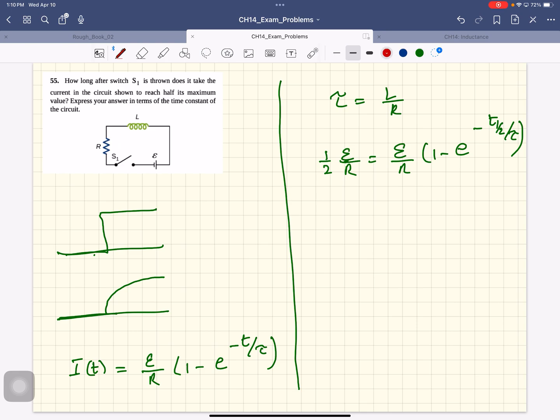So this cancels. Half is equal to 1 minus e to the power of minus t half over tau. And if you take the natural log of both sides, minus t half over tau equal to log of a half.